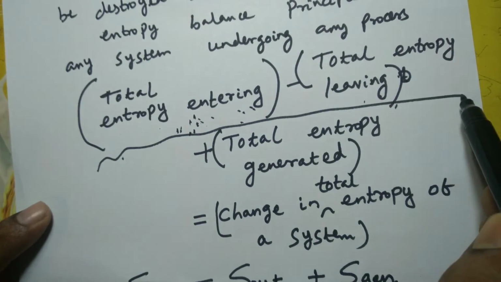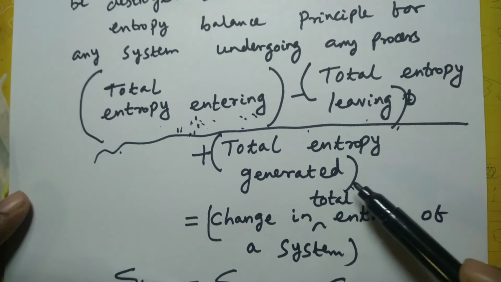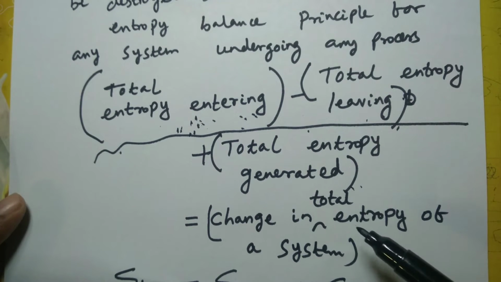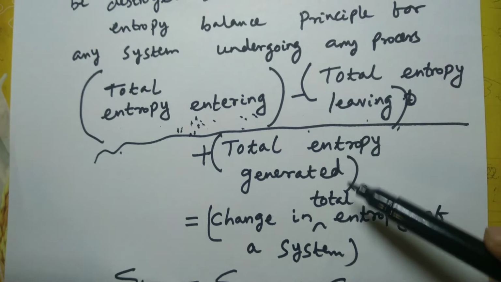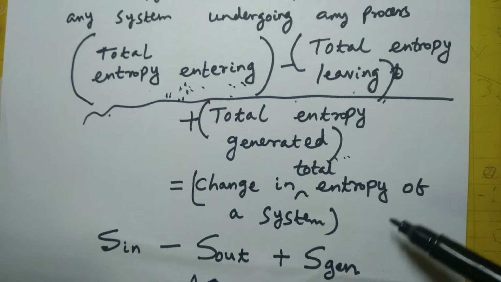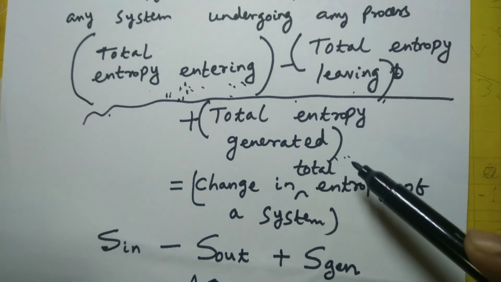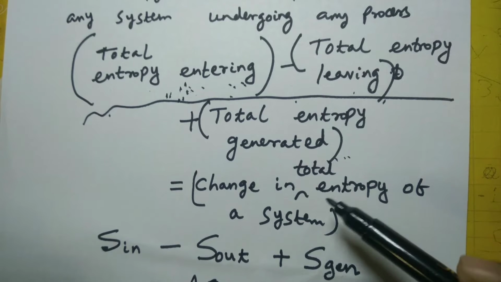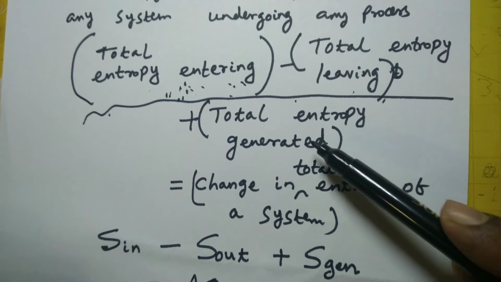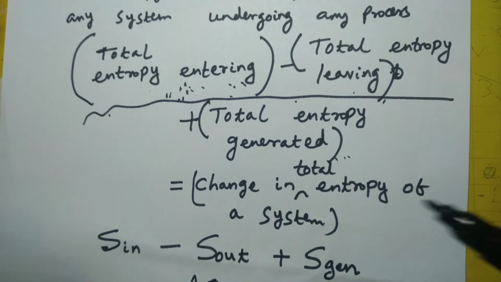This is the net entropy that is transferred into the system plus whatever entropy is generated within the system. If we add these two terms, then we will find the change in total entropy of the system. If this is plus, then it is an increase, and if it comes out minus, then there is a decrease in total entropy.